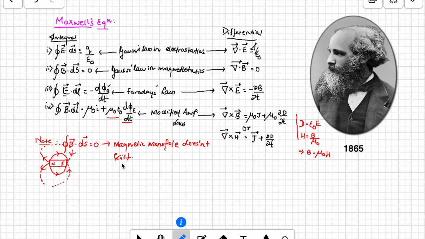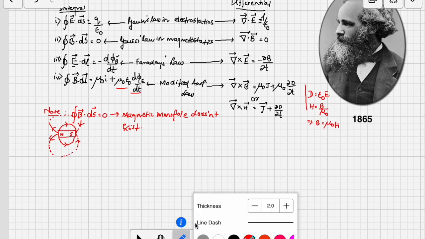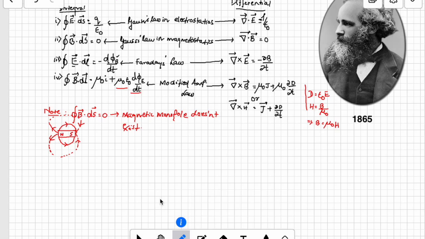Having talked about these Maxwell's equations, let me write down what the different terms are. For exam purposes, if you are asked to write down Maxwell's equations in differential form or integral form or both, you have to obviously explain what the different terms are. So after you write down all the expressions, please make sure that you mention these terms.